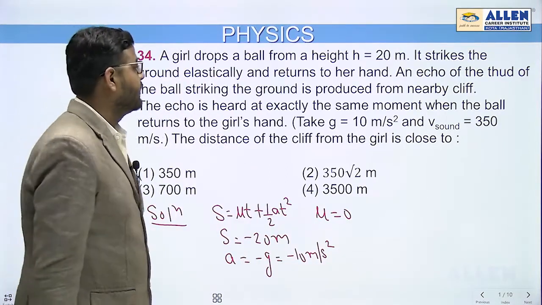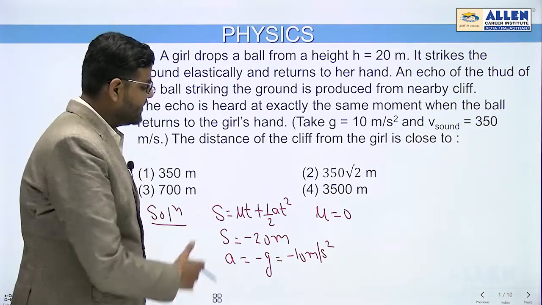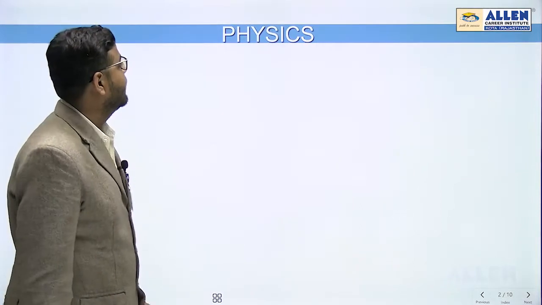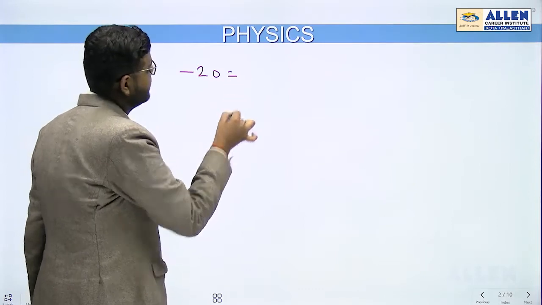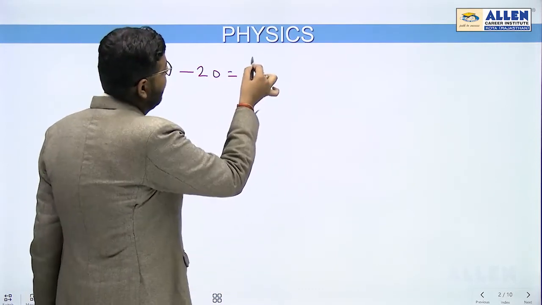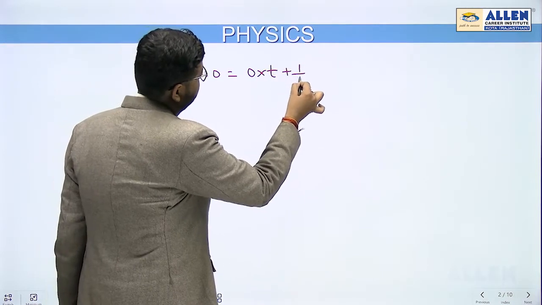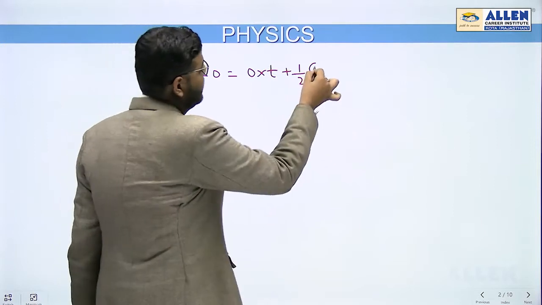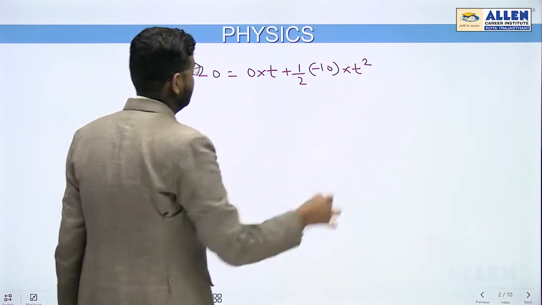So let us calculate the value of t by putting the values in the equation s equal to ut plus half at square. We have s equal to minus 20, u equal to 0, so 0 multiplied by t, plus 1 by 2, a equal to minus g, that is minus 10, multiplied by t square.